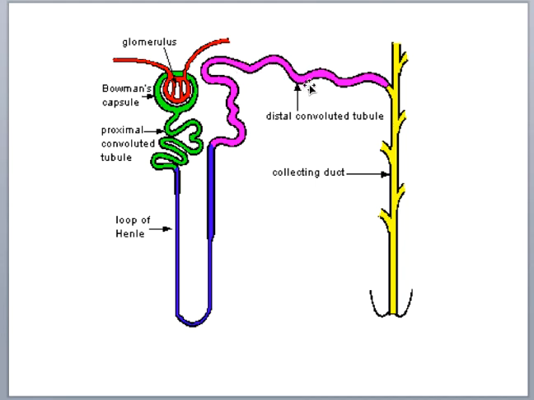And then this distal convoluted tubule connects to a structure called a collecting duct. An individual collecting duct isn't a part of any one nephron, because you can see these little extensions. This would be multiple distal convoluted tubules coming and connecting to a single collecting duct.